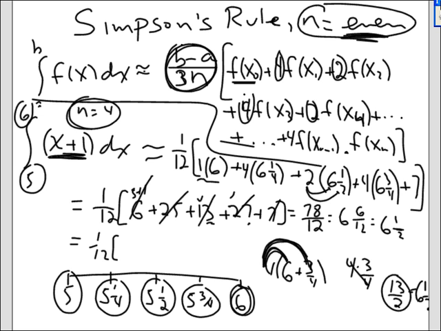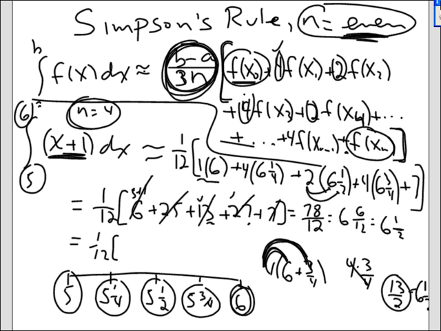But if it was (x plus 1) squared or x cubed minus 3x plus 9, you would get some approximation errors. But the bottom line is, this here is the formula: (b minus a) over 3n, and then you add up f of x0, f of x1, f of x2, etc., except that the first term and the last term don't get those heights, those f values, multiplied by anything.